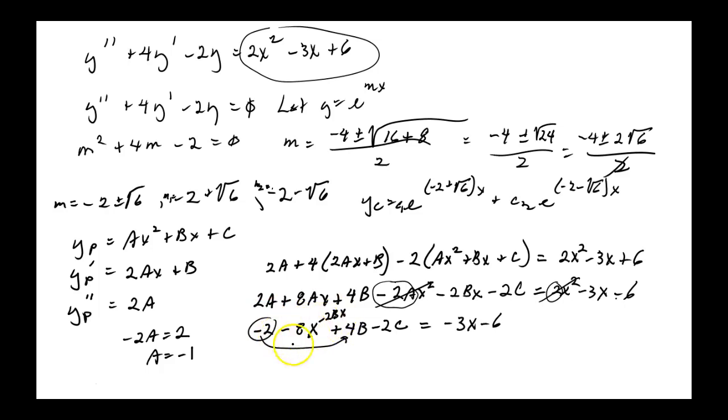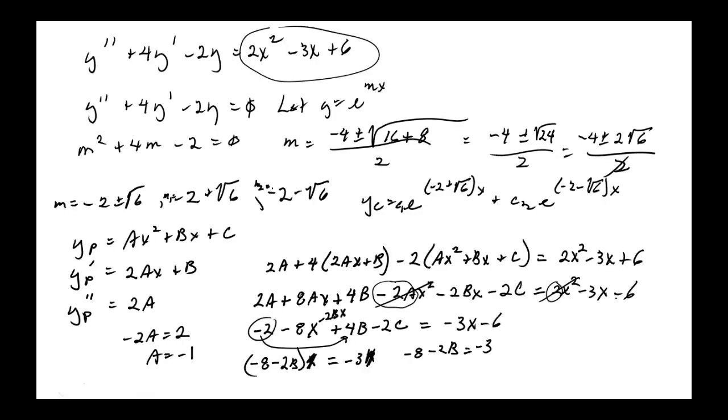So factor out the x here, and you have minus 8 minus 2b, right, times x? And that has to equal minus 3x, right? So in other words, minus 8 minus 2b has to equal minus 3. Why is it minus 8?